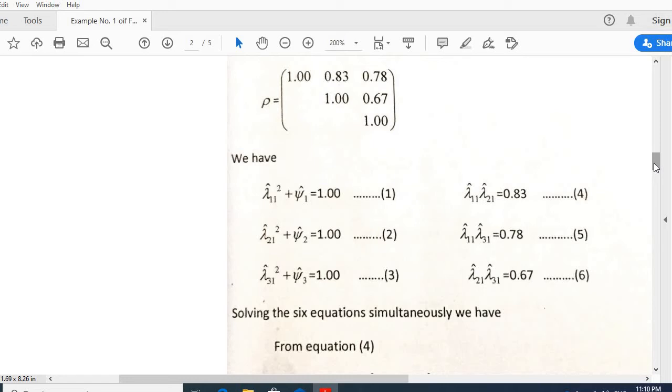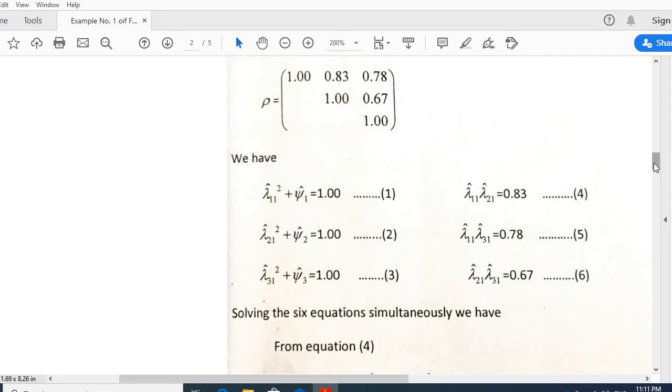Lambda 2 1 head square plus psi 2 head is equal to 1. Lambda 3 1 head square plus psi 3 head is equal to 1. Similarly, lambda 1 1 head into lambda 2 1 head is 0.83, lambda 1 1 head into lambda 3 1 head is 0.78, and lambda 2 1 head into lambda 3 1 head is equal to 0.67.